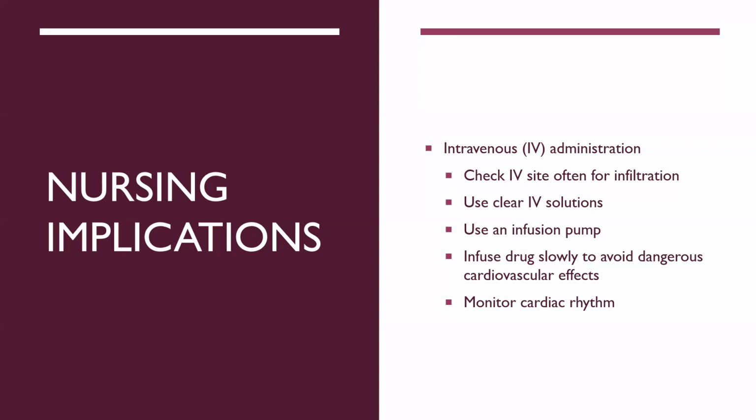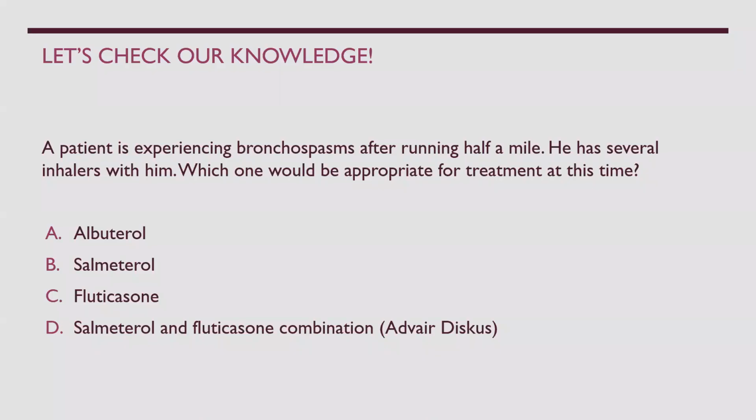And when I say titrate, what I mean is we get to say if the patient should get more or get less of the medication. And that all comes back to our assessments. And then monitor your cardiac rhythm. So make sure you're watching, is my patient's heart handling this?